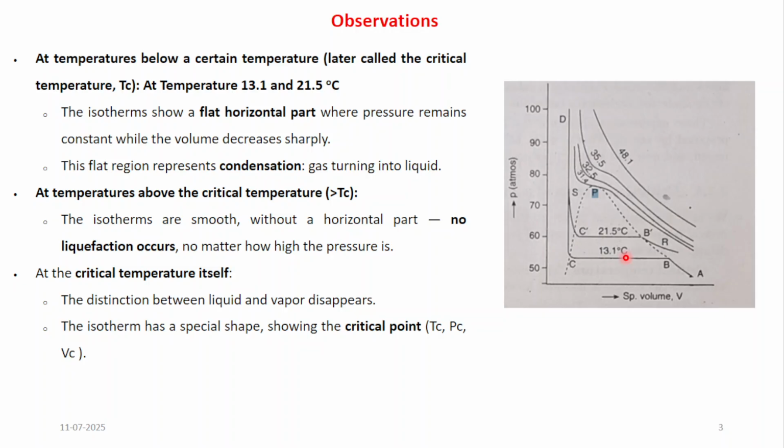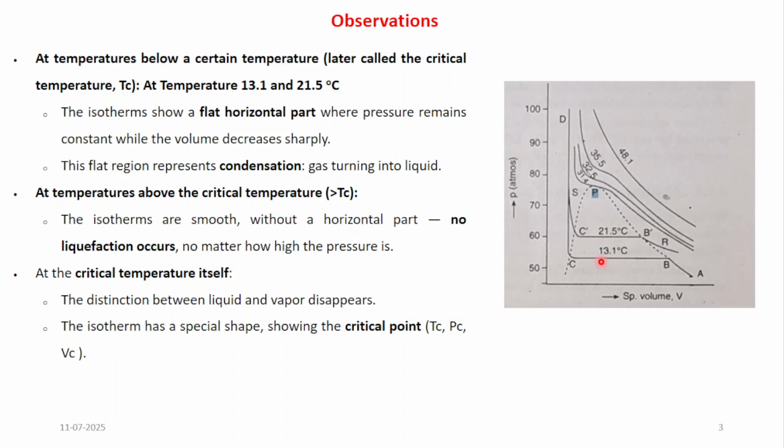If there is a gas and you increase the pressure continuously, volume is going to decrease anyway, because increase in pressure at constant temperature will decrease the volume. You know it from the gas laws. Now, if there is a sudden decrease in volume, what does it indicate? The gas is converted to liquid, because under high pressure the molecules come together and gas will be transferred to liquid at a certain temperature, especially when the temperature is low.